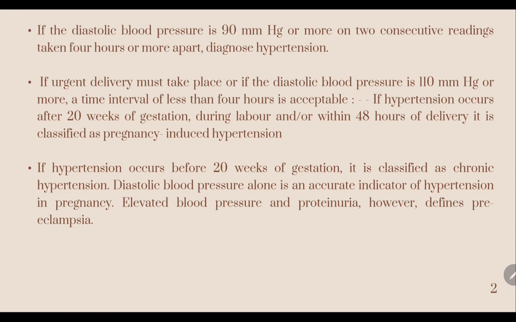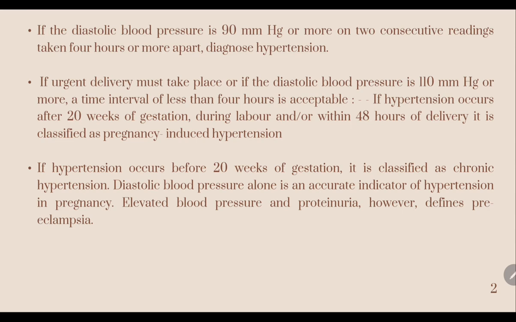If urgent delivery must take place, or if the diastolic blood pressure is 110 mmHg or more, a time interval less than 4 hours is acceptable. If the blood pressure is more than 110 mmHg, the 4-hour time period is not required; an interval less than 4 hours is also acceptable.